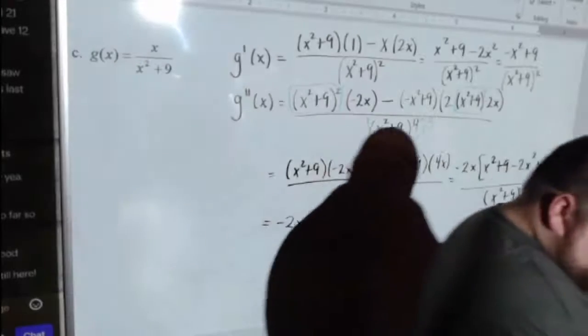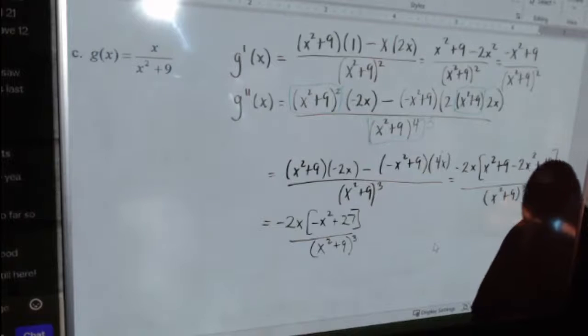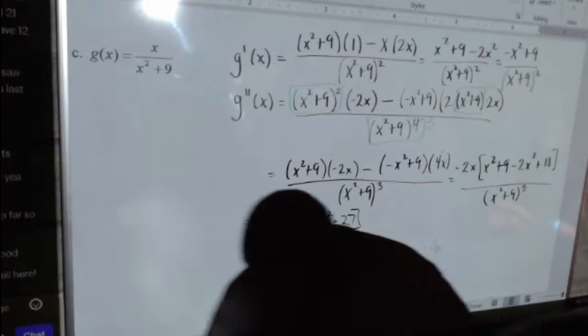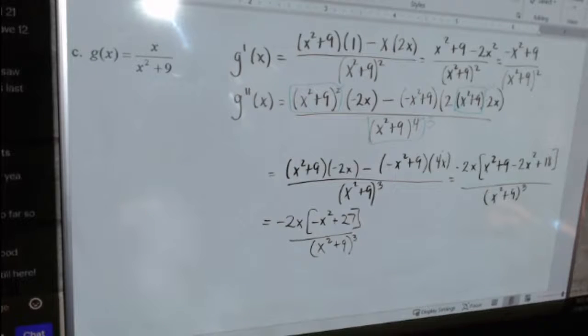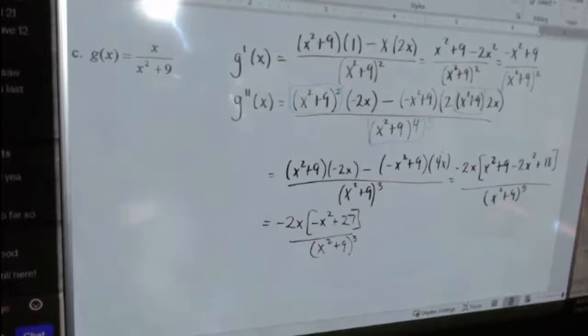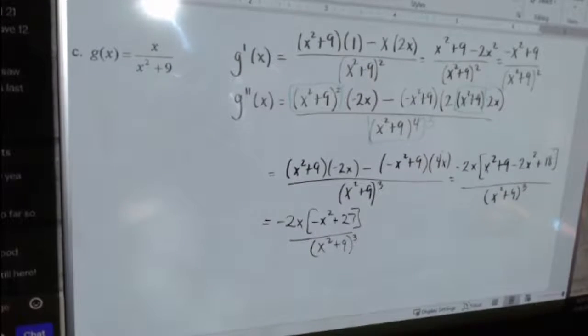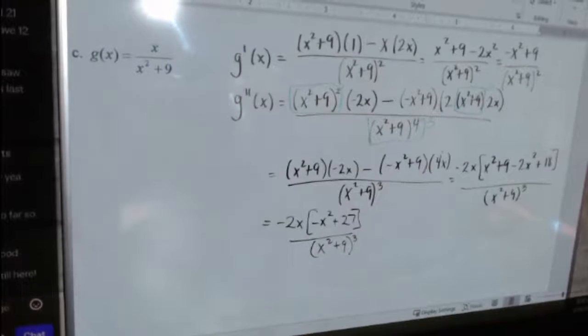So let me just check that real quick. The derivative of our original function, x over x squared plus 9.